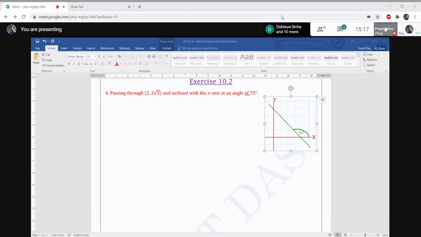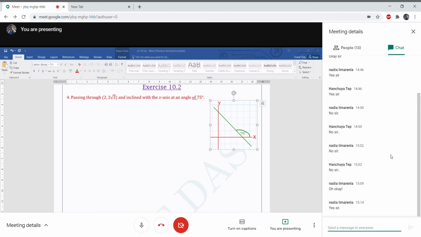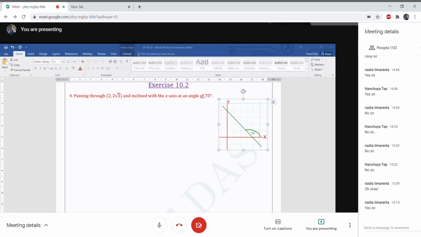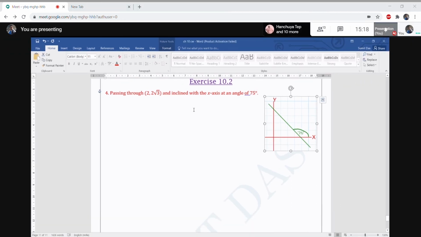So what we have to do first is find the slope from the inclination. After getting the slope, since it is passing through this point, we use the slope and point form, the first form we learned. Using that point slope form, you can find the equation of the straight line.